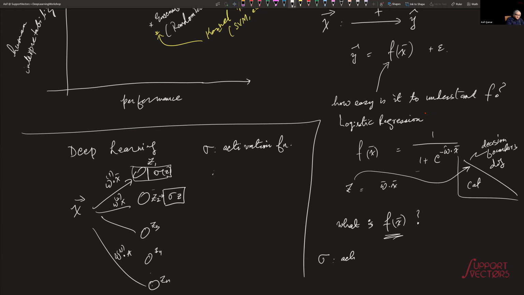It could be your ReLU, the simplest. It could be your sigmoid. It could be your logistic. It could be your tanh, and so on and so forth. So each of these are nonlinear functions. They create a nonlinear distortion.